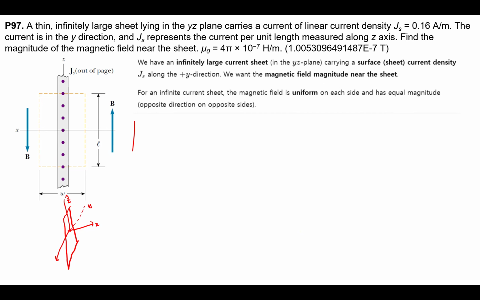So if you look at it, it looks like a kind of a J, and it looks like a sigma. So, sheet current density.